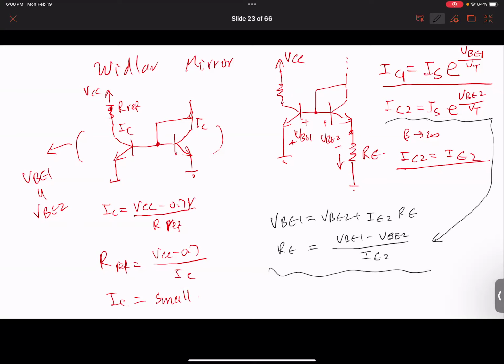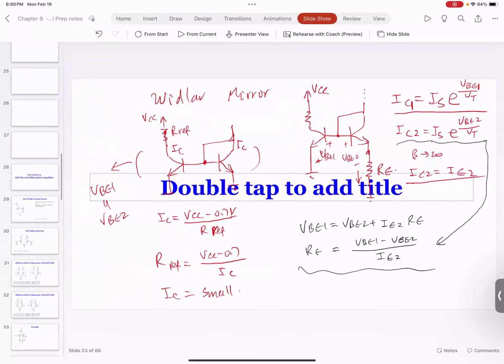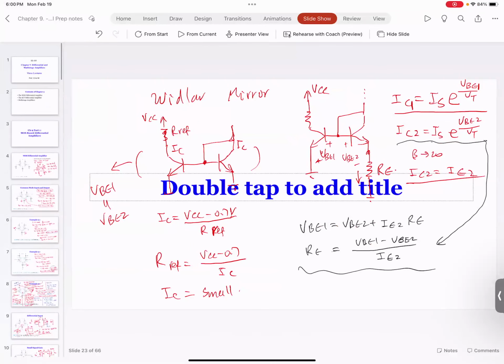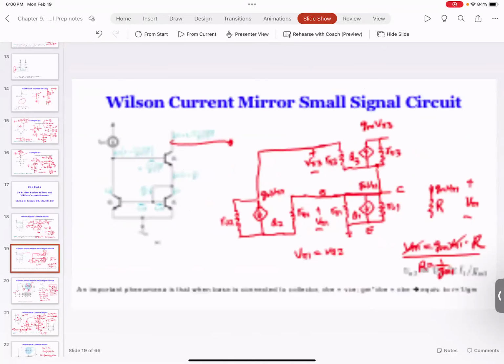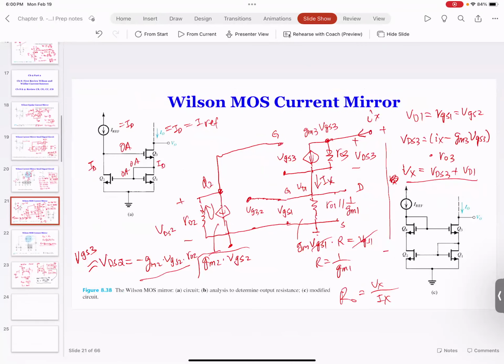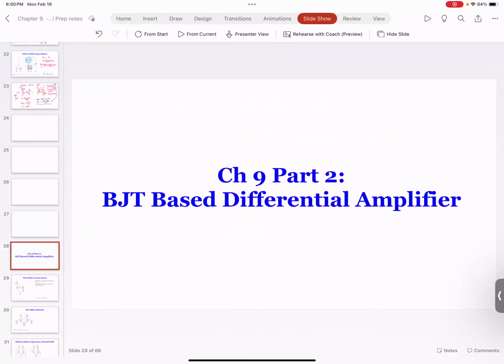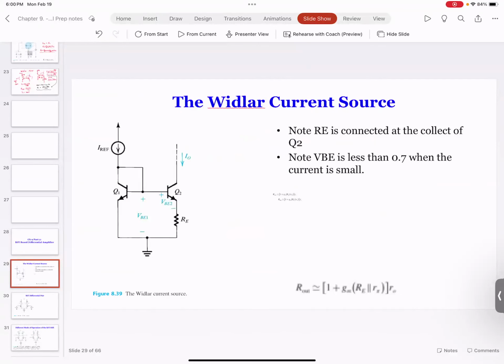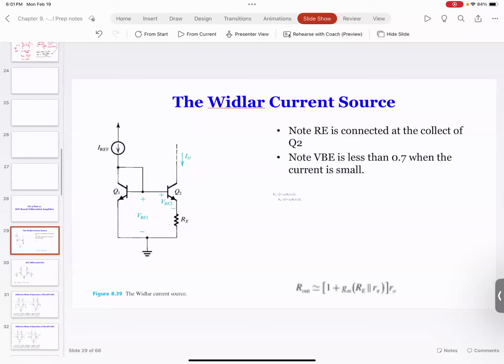So let me do this. Let me see if I have. Let's see. Okay, so here is the expression.